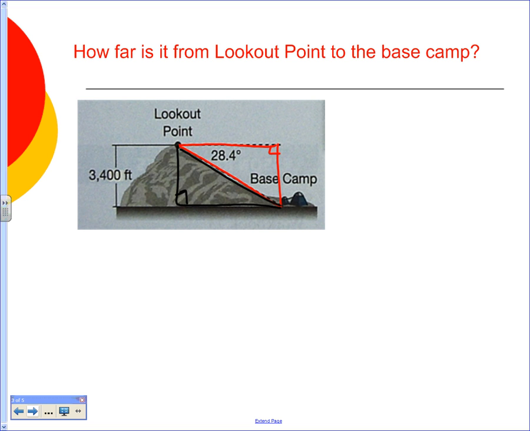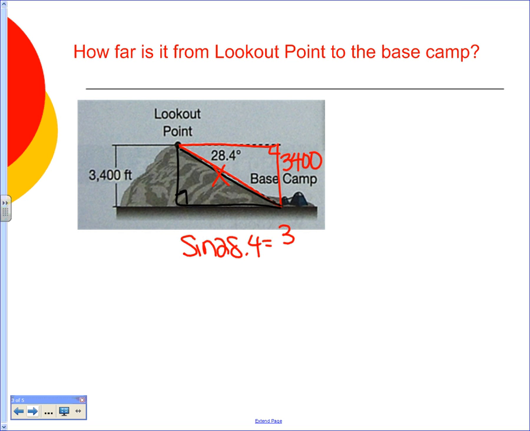Okay, this is 3,400. Is this also 3,400? Yeah. Why are we going to use cosine? Yeah. We're looking for that value, right? So the sine of 28.4 equals what?